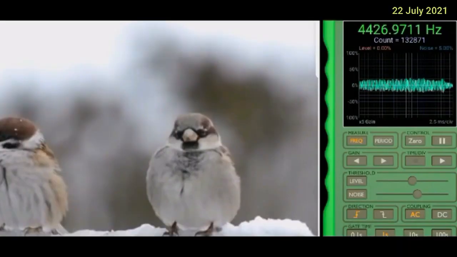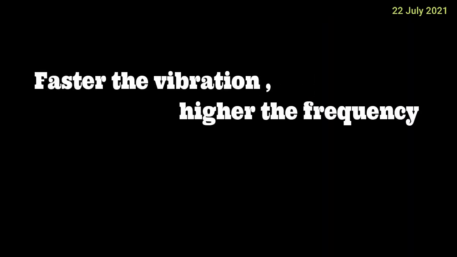Frequency is not the loudness of the voice. Loudness is different. Frequency depends on vibrations in 1 second. You have seen in the previous illustration, bird chirping has more frequency, which means the vibration pattern is faster.